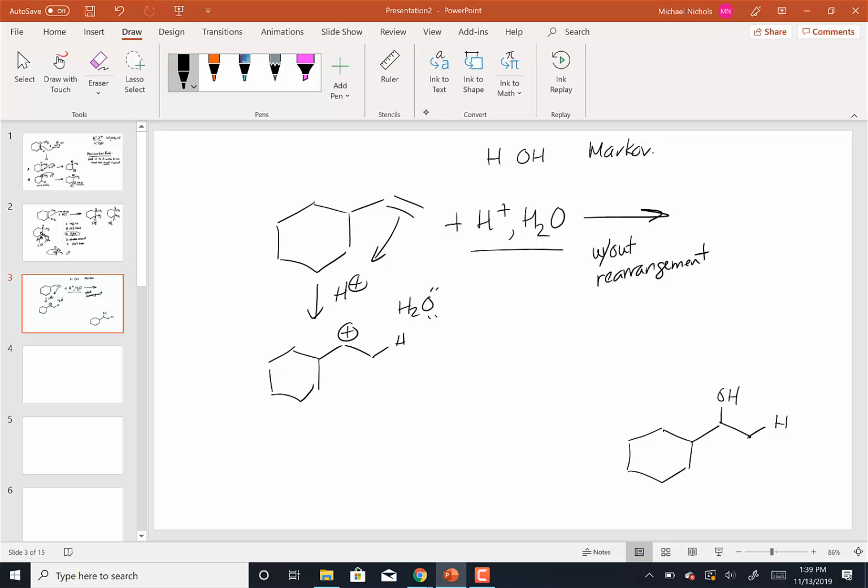Just like any other SN1 reaction, the water is going to add to that carbocation, which means I'm going to end up with my oxonium ion. And then what's the final step for the oxonium ion? Lose H plus to give me the final product.